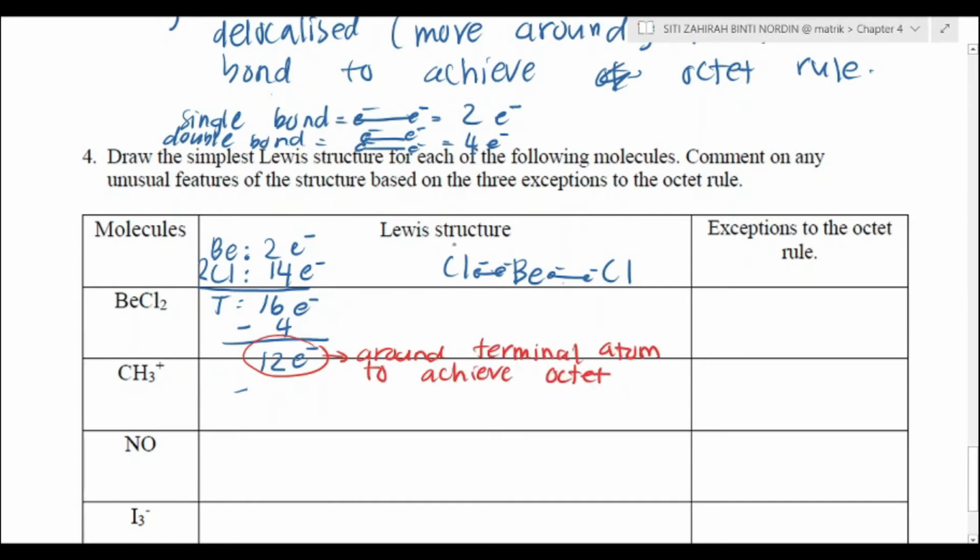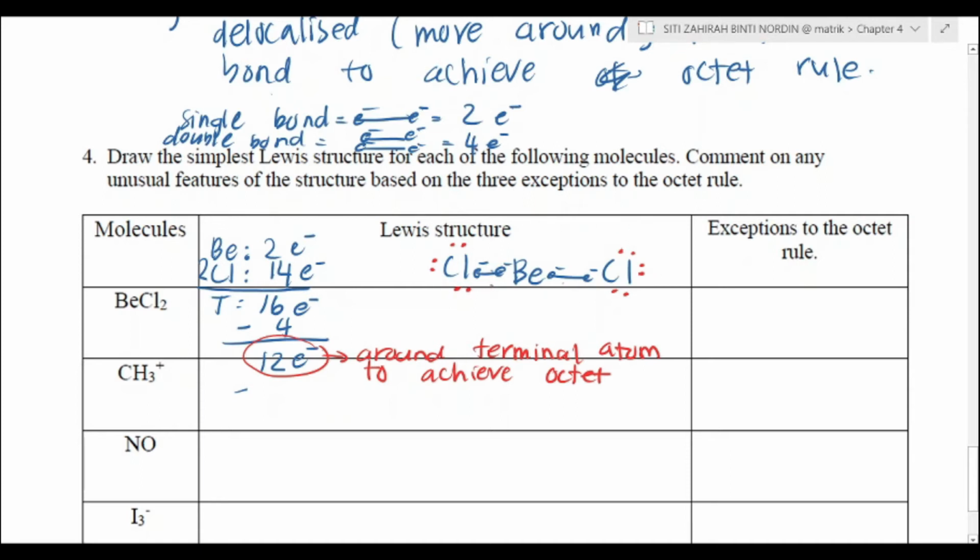Okay, so let's try. So Cl, we already got 2, 4, 6, 8. So this Cl is already octet. So this Cl is already octet as well. So the red dots, or the red electrons, you're going to calculate as 1, 2, 3, 4, 5, 6.